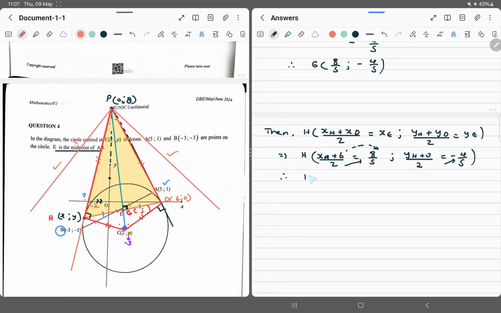We can say therefore our H is going to be 8 by 2, that is 16 over 5 minus 6. So 16 divided by 5 minus 6, it gives us minus 14 over 5. Now what is minus 14 over 5? Is minus 2,8.